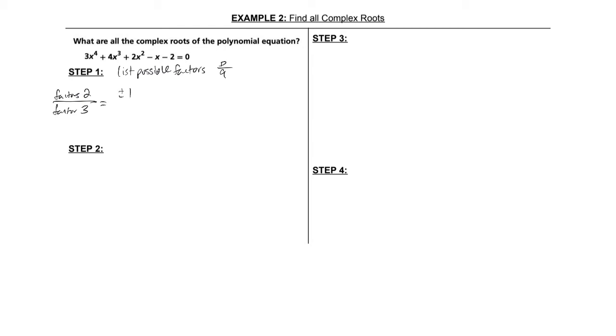So plus or minus 1, and then plus or minus 2, plus or minus 1, plus or minus 3. Now we're going to list all of them. So we get plus or minus 1 over 1, plus or minus 2 over 1, plus or minus 1 over 3, and plus or minus 2 over 3. Okay, so there are 8 different possibilities. So now, this is where we have to test them.